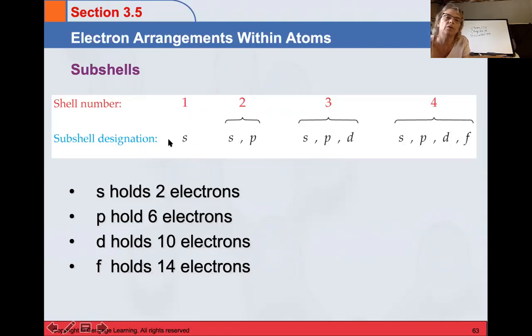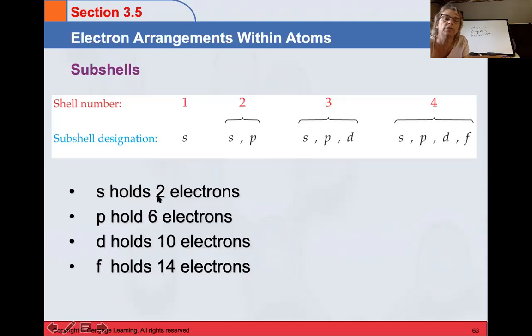The first shell only has a single subshell called S. The second shell, or the second period in the table, has these two different subshells designated S and P. The third shell, or the third period in the table, has these three subshells, S, P, and D. And the fourth, we're only going to go up to the fourth shell, has these four subshells designated S, P, D, and F. And the different subshells can hold different numbers of electrons.